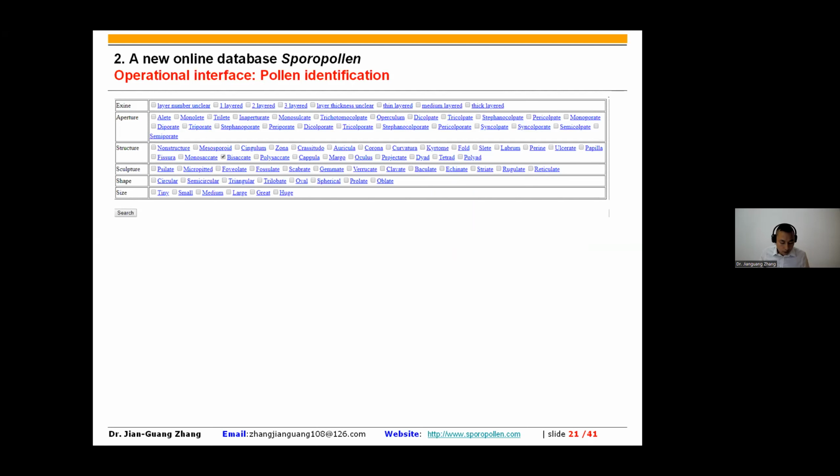One of the important usages of this database is for spores and pollen identification. You select one or more characters, search the data, and the result will show up in a few seconds.